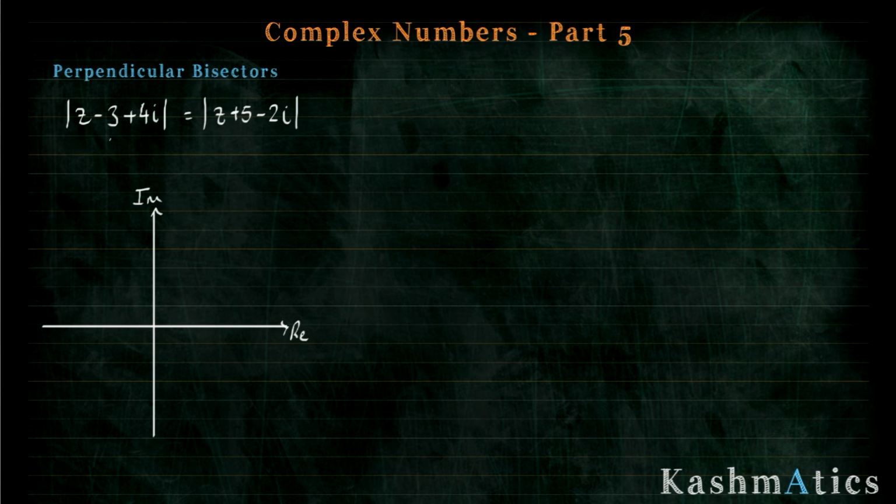So the first thing I'm going to do is exactly what I did before. I'm going to write this as z take away 3 minus 4i is equal to, and on this side, z take away 5 add 2i. Wait, that should be a minus 5.